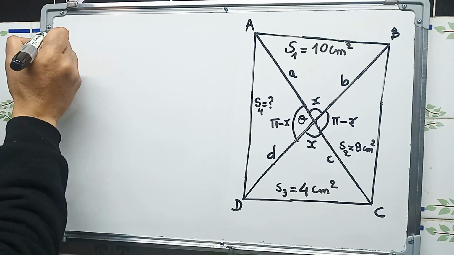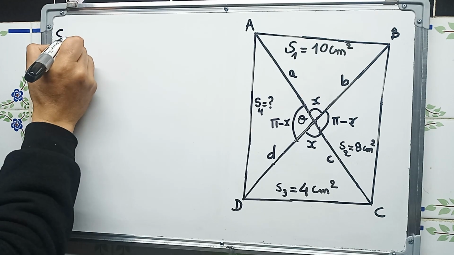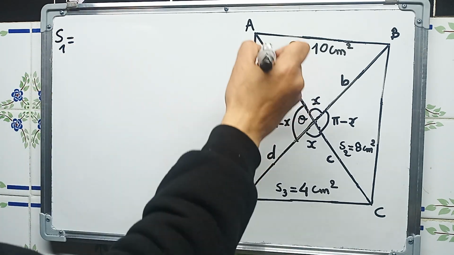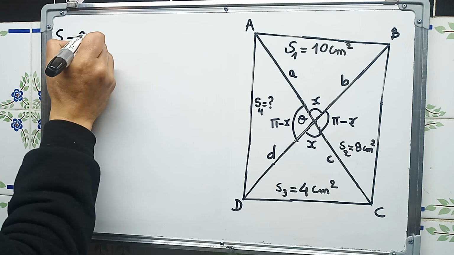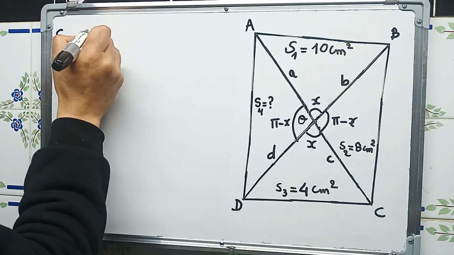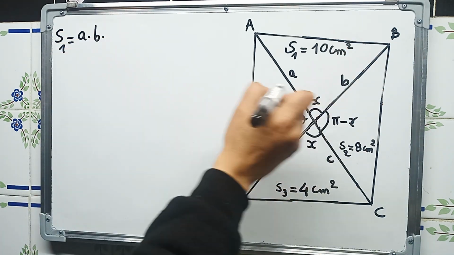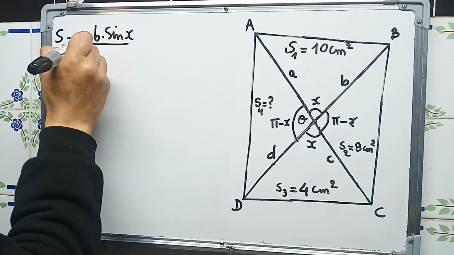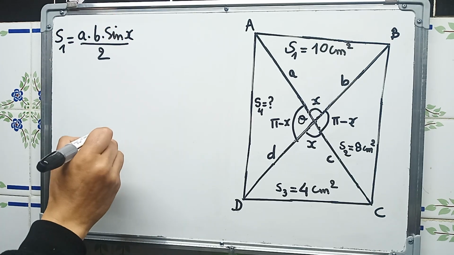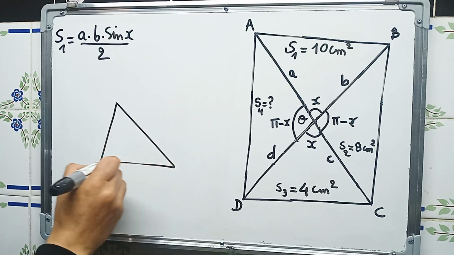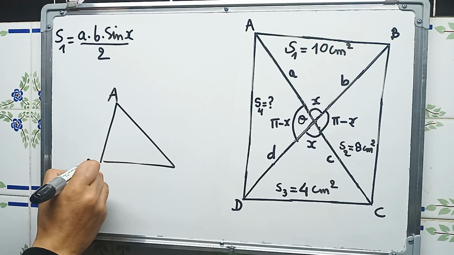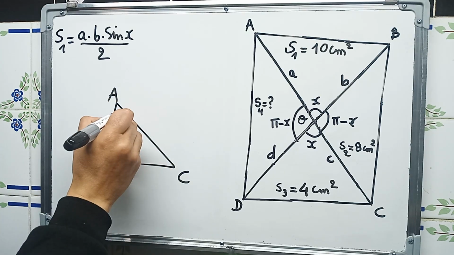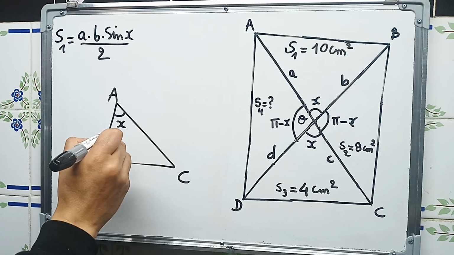For S1, we have S1 is equal to E B sine of X over 2. This is the formula of the area of a triangle like this, ABC, with an angle X here.